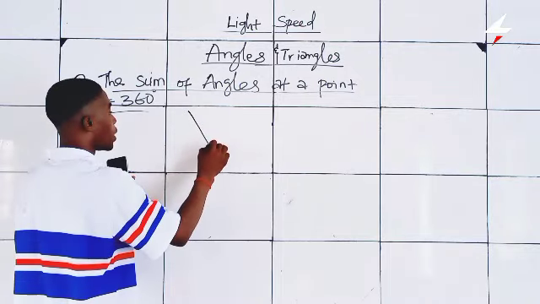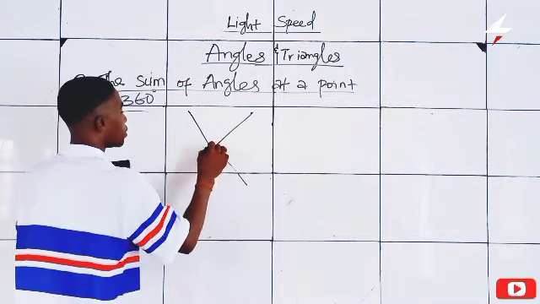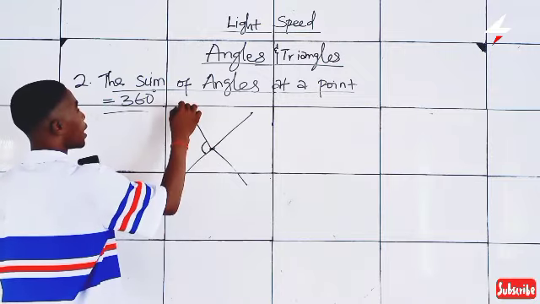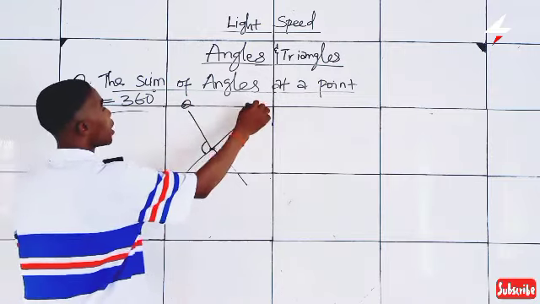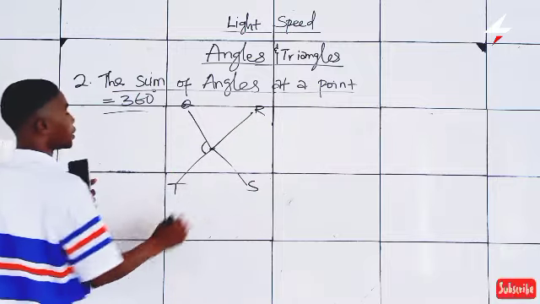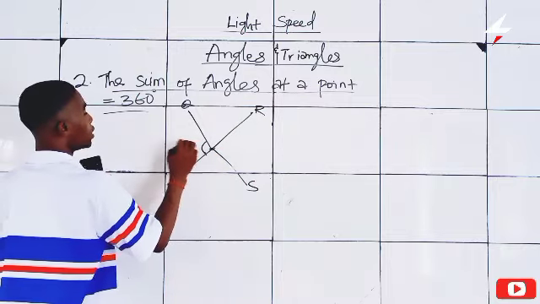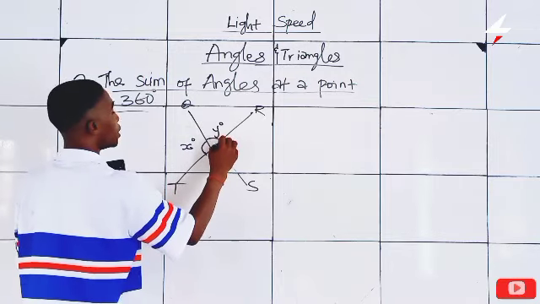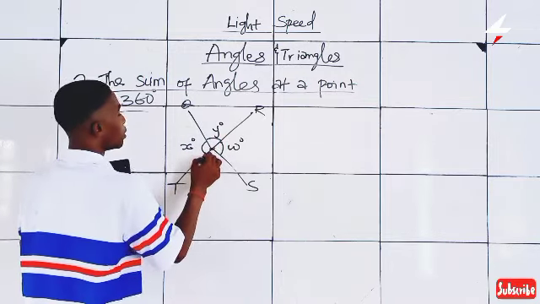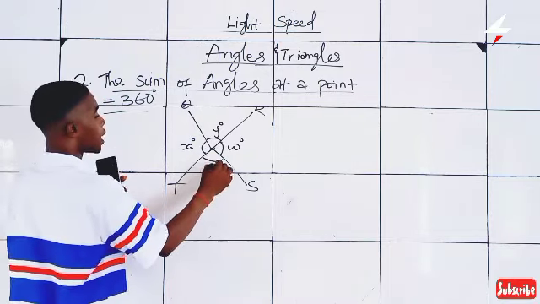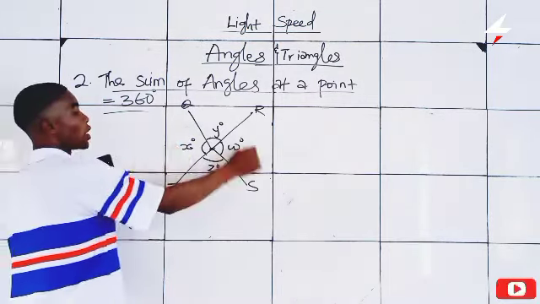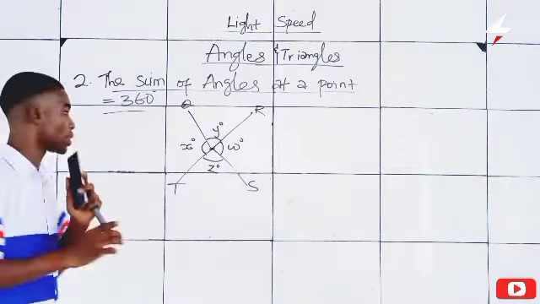It means if this was a point, and this is an angle, this is an angle, this is an angle. If this was Q, R, S, T, this angle is X, this is Y, this is W, this is Z. The sum of these angles at a point gives us 360 degrees.